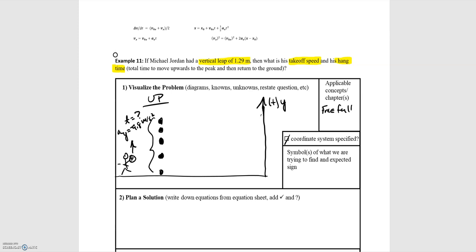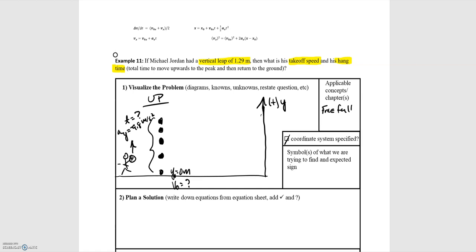The first dot in the motion diagram, we're going to call that a position of y equal to 0 meters since we're starting from the ground. And we don't know what the initial velocity is because that's something that we're looking for.